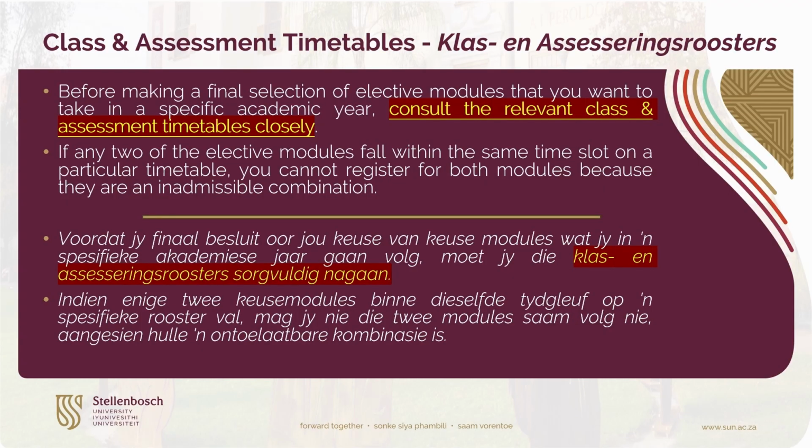So before making a final selection of the elective modules that you want to take in a specific academic year, you first must consult the relevant class and assessment timetables. If any 2 of the elective modules fall within the same time slot in a particular timetable, you cannot register for both modules because they are an inadmissible combination.